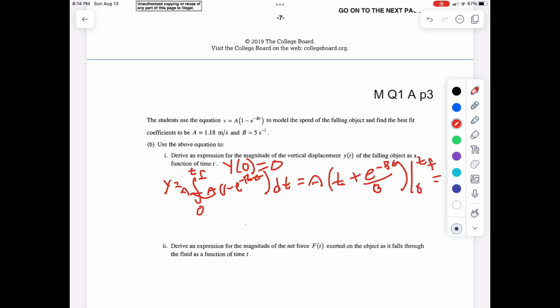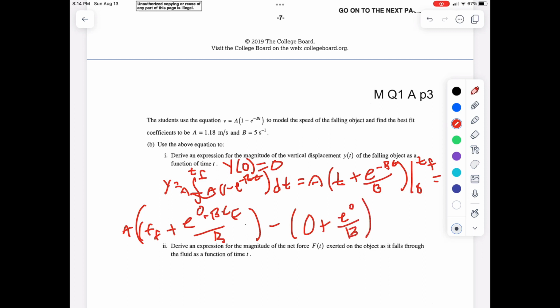Okay, so this is equal to a times t final plus e to negative b t final over b, and then minus 0 plus e to the 0 over b. Okay, so this goes away. This is just 1. So this is equal to a times, well, if I factor out my 1 over b, I can just say t final.